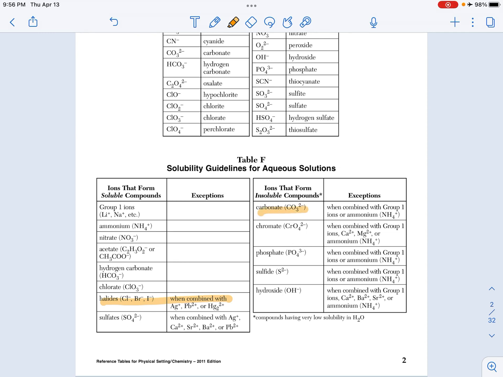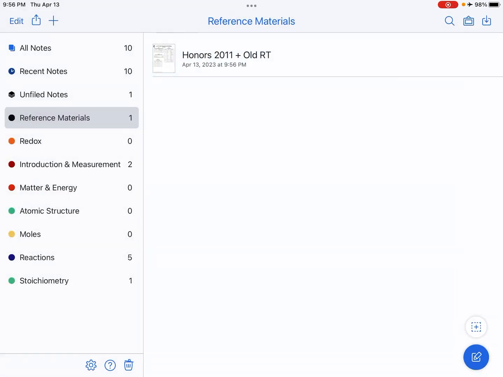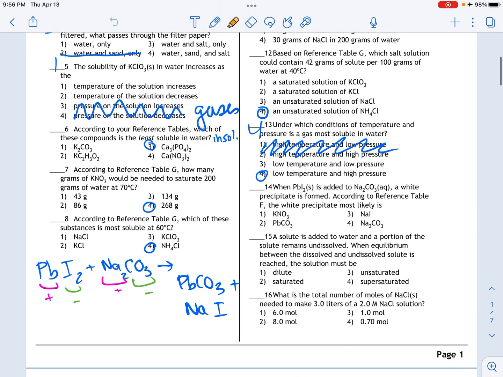And carbonate is insoluble except with group 1, which lead is not. So the lead 2 carbonate actually is our precipitate. And by the way, you can get rid of this, and you can get rid of that, because none of that exists in the reaction.